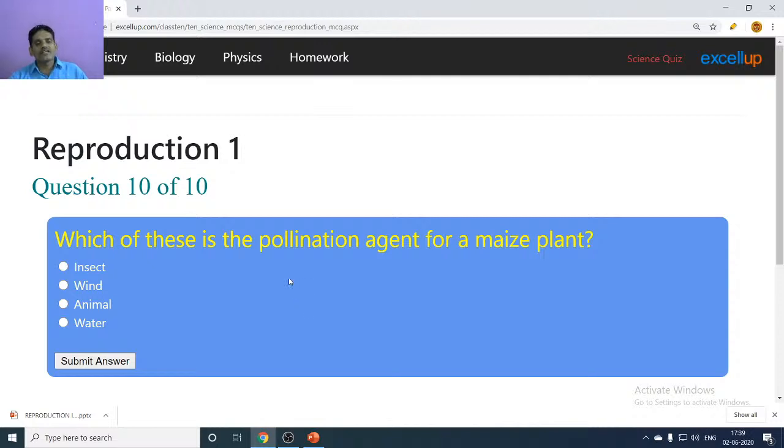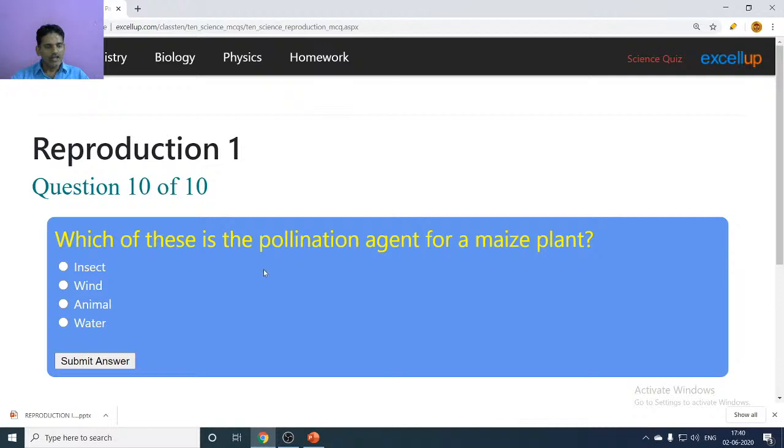Which of these is the pollination agent for a maize plant? Maize plant belongs to the grass family. So, how does pollination take place in maize plant? We have discussed pollination by different agents.